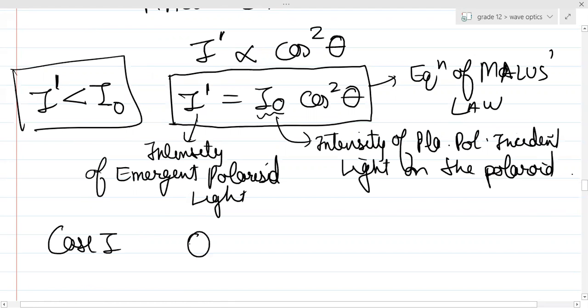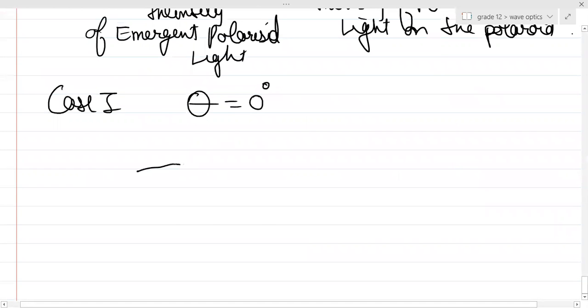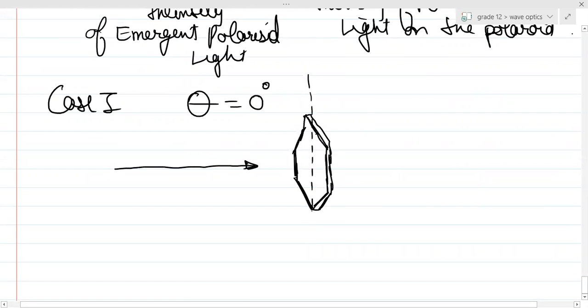Like case 1: if I say theta is 0, that implies if you have a light and a polarizer, and can you see the angle is like this, the crystallographic axis is like this, and this is also like this, right?